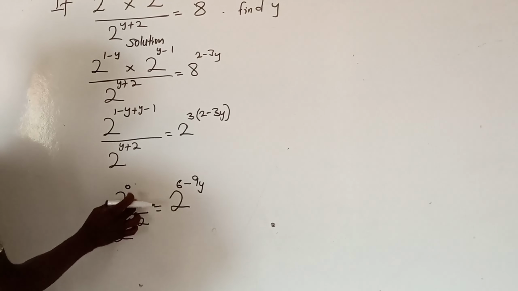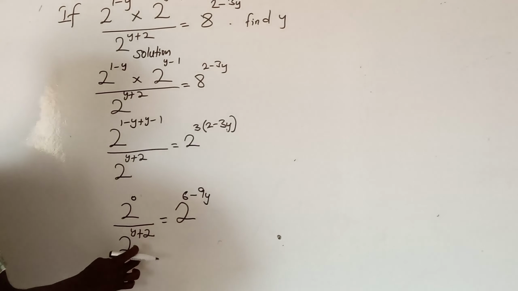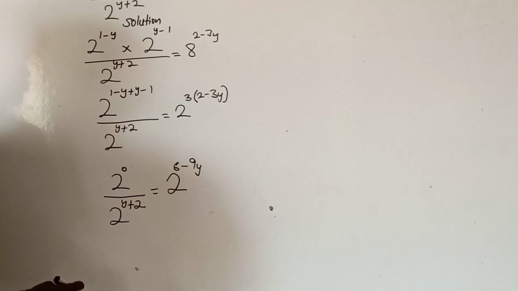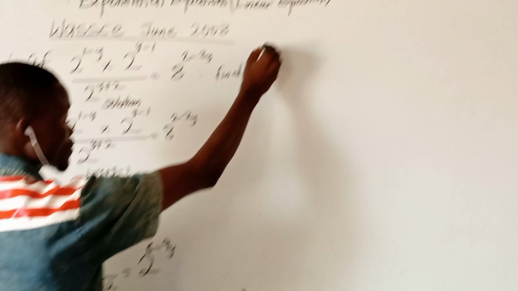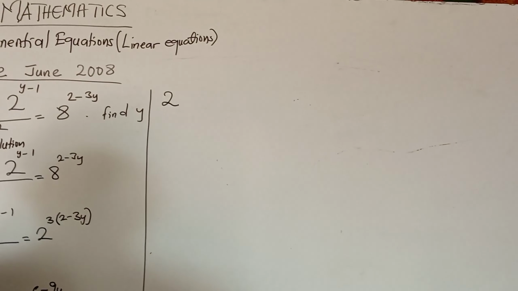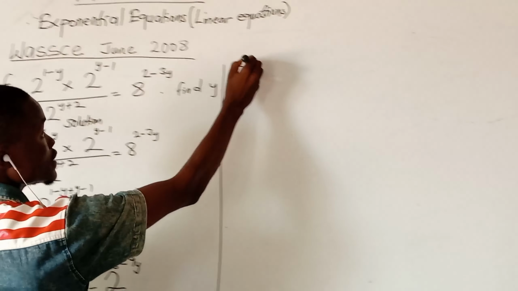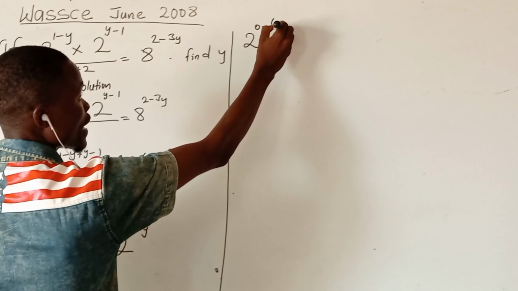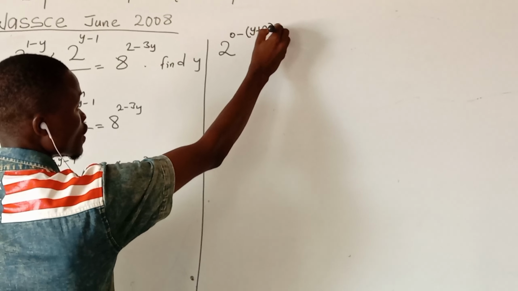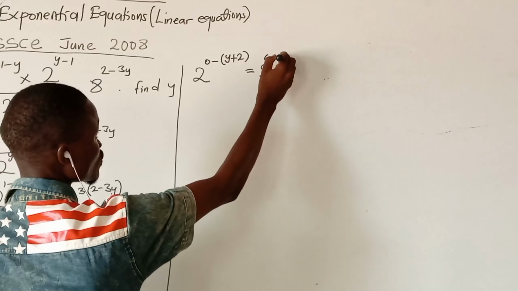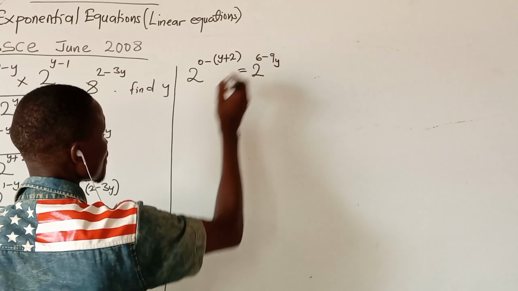So this part of the question involves division of indices. They have the same base, so we take one of the base and subtract the powers. Now we say 2 raised to the power 0 minus, mind you, this has a power of y plus 2, so you open a bracket, y plus 2, equals 2 raised to the power 6 minus 9y.